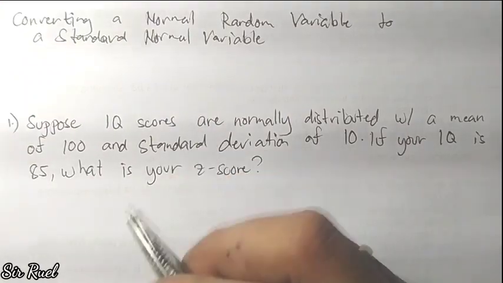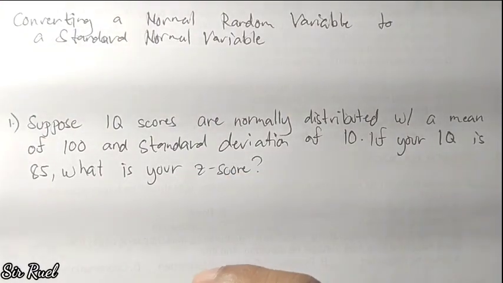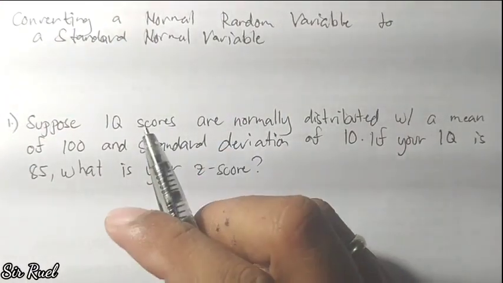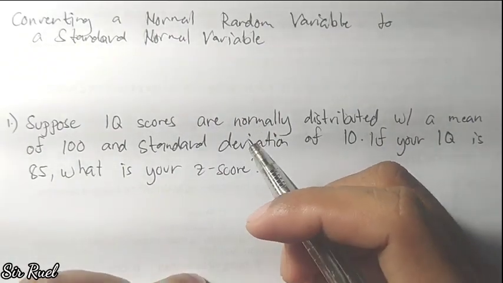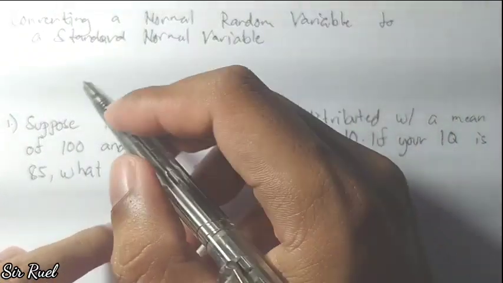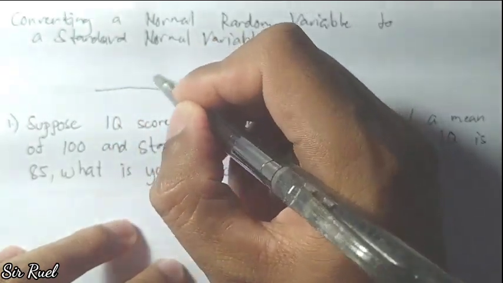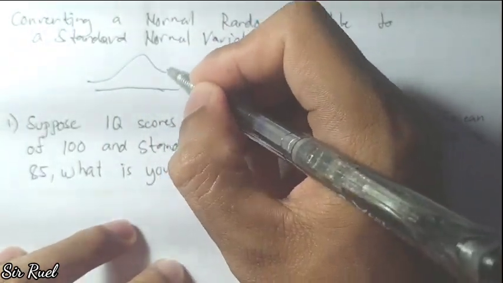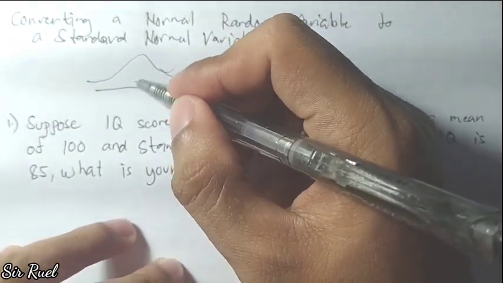Okay, so good day. Pag-uusapan natin ngayon how to convert a normal random variable to a standard normal variable. Alam natin na yung normal curve ay meron siyang mean at standard deviation.